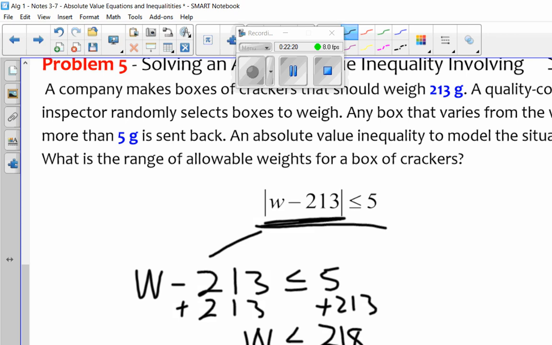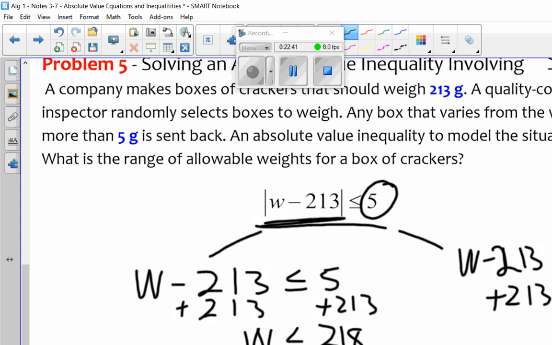But I'm going to go ahead and rewrite it. So ignore the bars. Flip the sign. Second answer inequality, I flip the sign. Anything outside the bars, I do its opposite. So I'm going to add 213 again, and I get this.